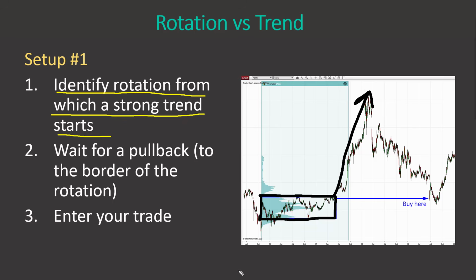You need to find something like this on your chart. Then the next step is you wait for a pullback, and you wait for the pullback to the border of the rotation. So in here, the border of the rotation is right there. And you wait for the price to make it back to this place, to the border of the rotation.